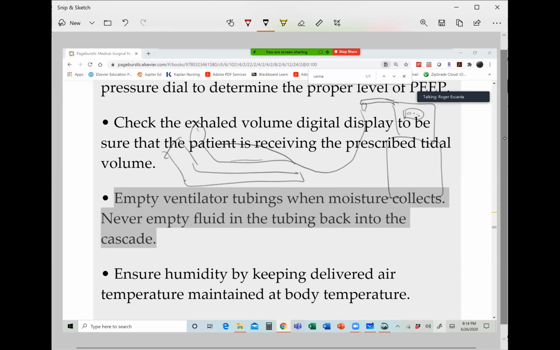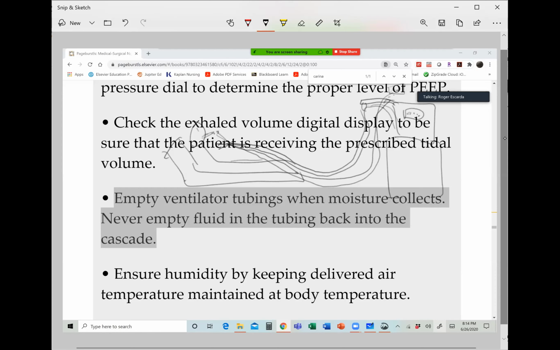This is 6 feet long. You can't really cut it. So the patient's ET tube, and then this is the circuit. And then you have the oxygen right behind here somewhere. So that would be your oxygen source. That's the second circuit. So you have a circuit from the oxygen source, another circuit from the vent.